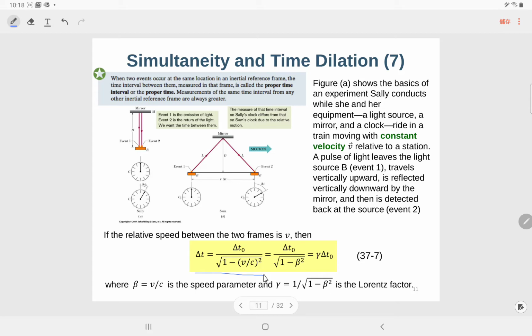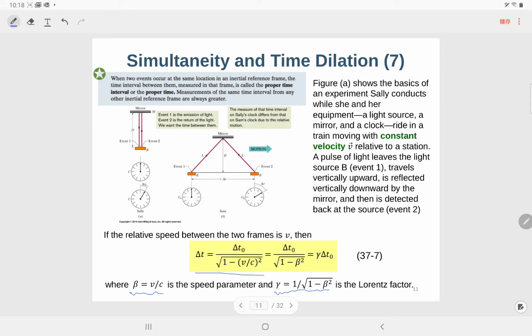And we will also define beta to be this ratio between the speed and the speed of light. So this is called beta, and another factor called gamma, which is 1 over the square root of 1 minus beta squared.